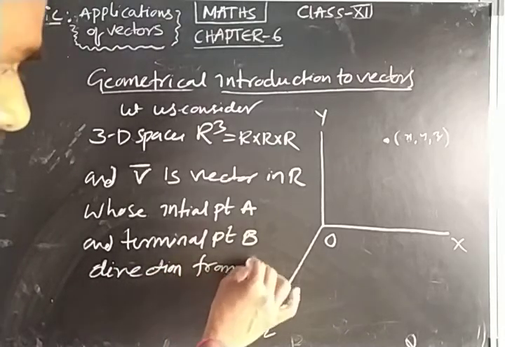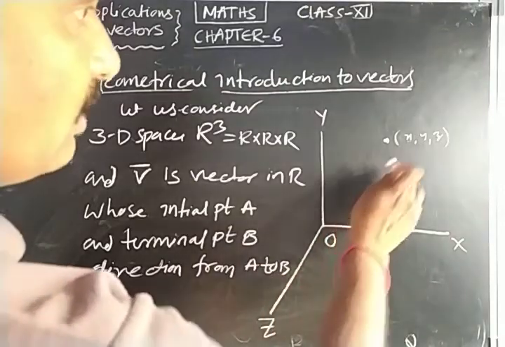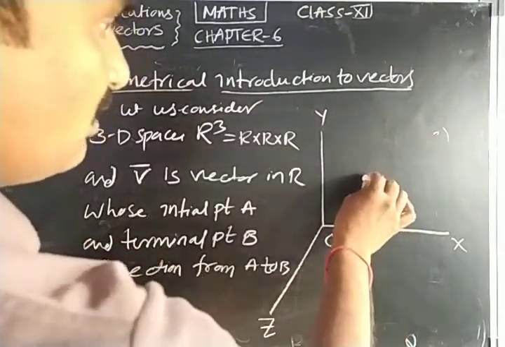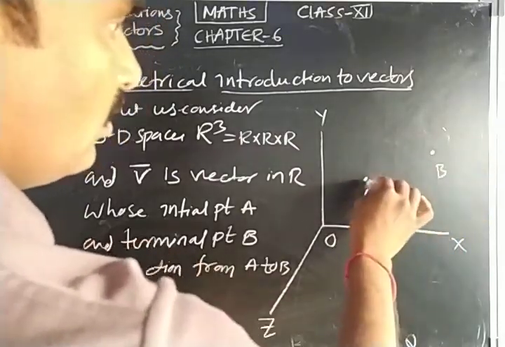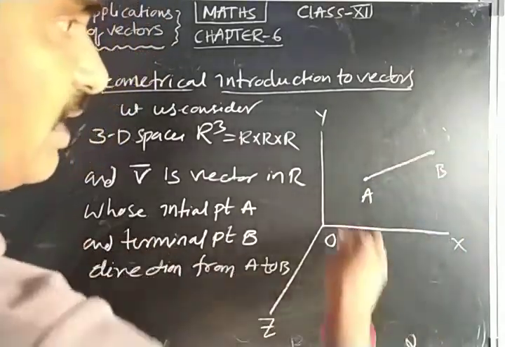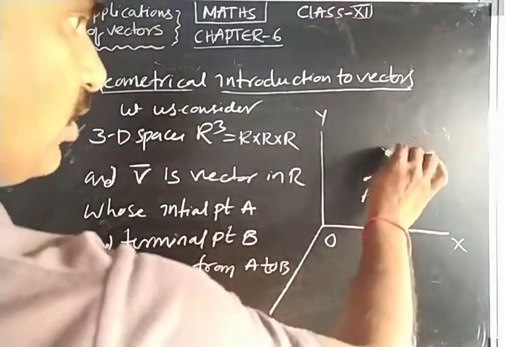So suppose I am taking one A point here, some B point here. I am joining this. This AB will give the magnitude, and this is the direction. So this vector I am denoting by V bar.